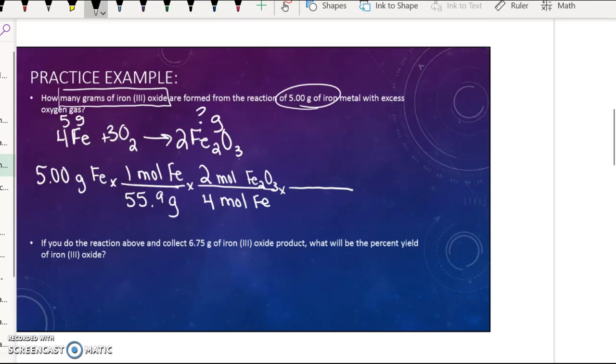Keep going, because we're trying to get to grams of Fe2O3. So our last step is going to be the molar mass of Fe2O3, and that is 159.8 grams. So now we're going to calculate that.